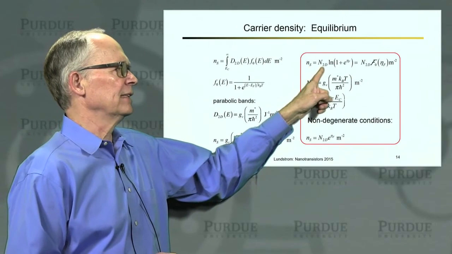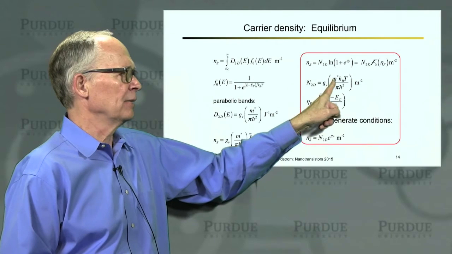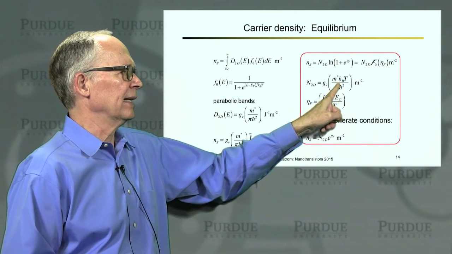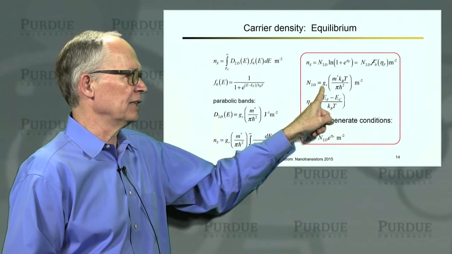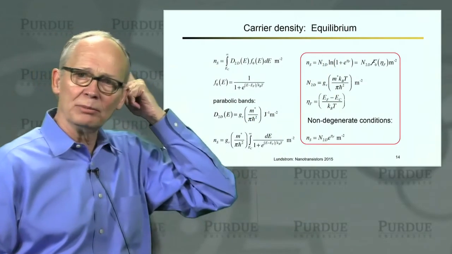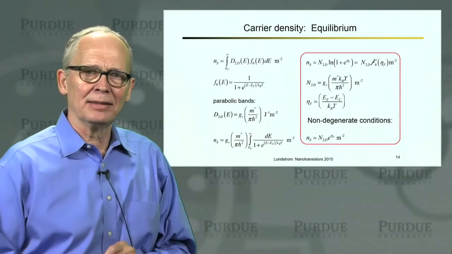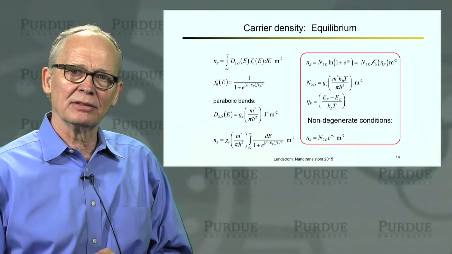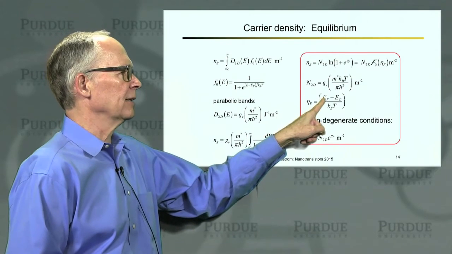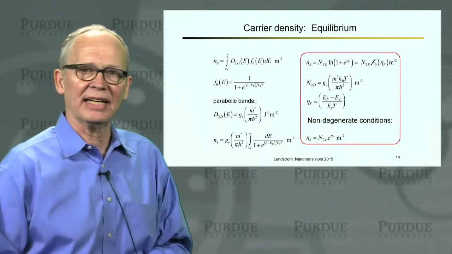If you write that, it's a bunch of constants, which we call the effective densities of states. Depends on effective mass and fundamental constants and valley degeneracy and temperature and things like that. And then it's the logarithm of 1 plus e to the eta_F. Eta_F is simply a dimensionless number that tells us where the Fermi level is located with respect to the bottom of the conduction band in units of kT.